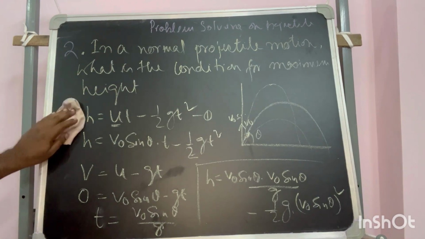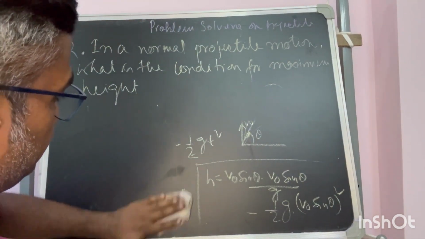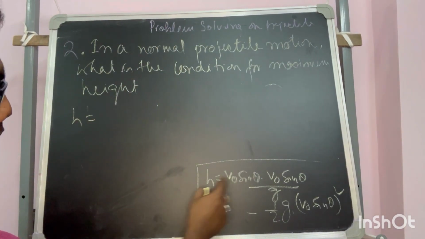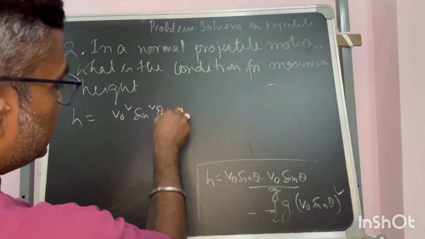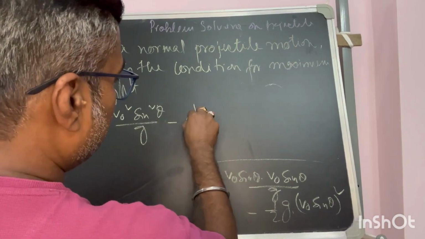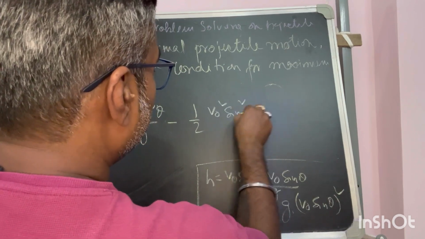So what will I get after that? Ultimately H is equal to v0 square sine square theta by g minus half into v0 square sine square theta by g.